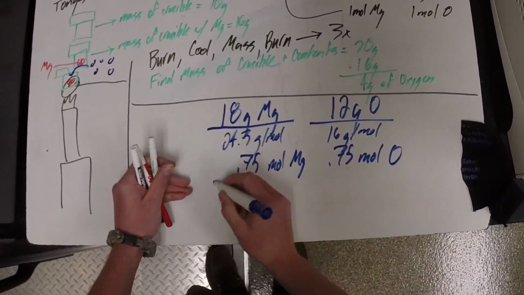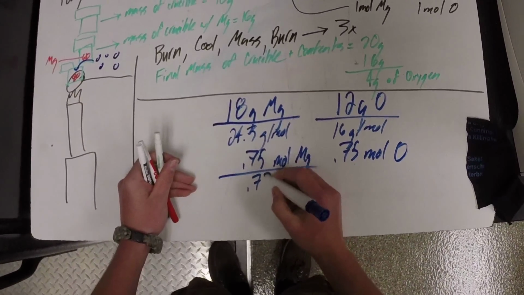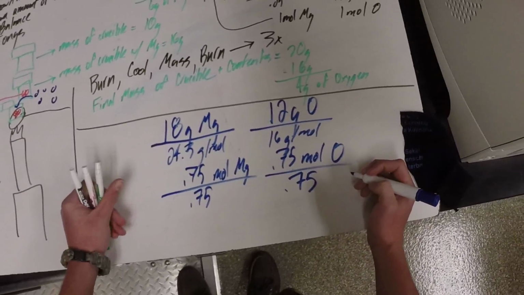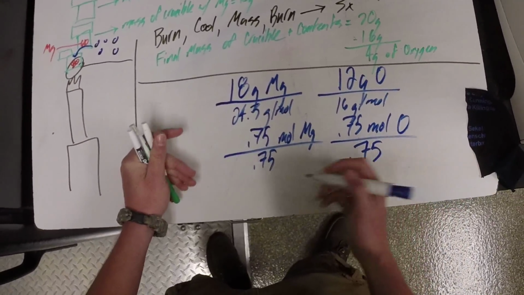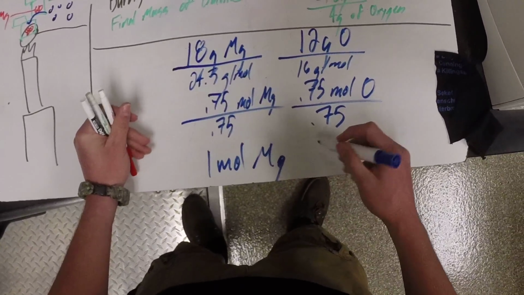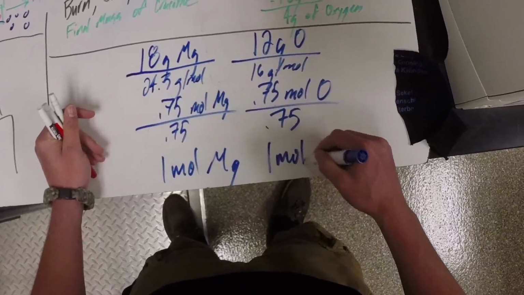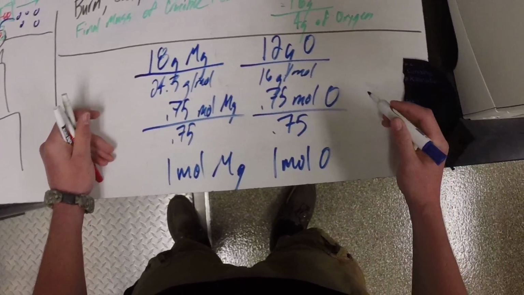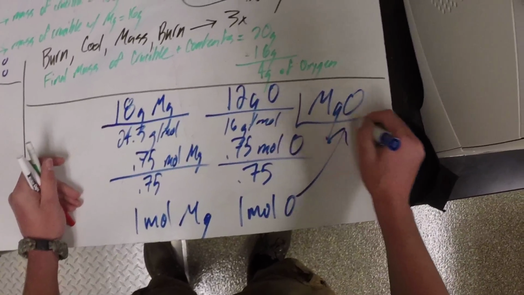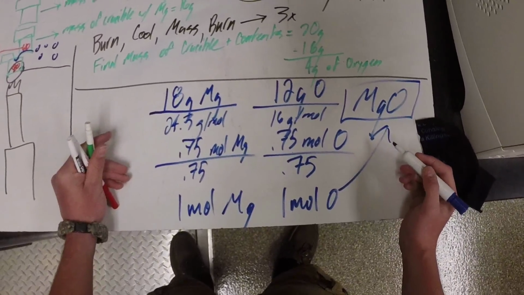And then just like before, you're going to want to divide by the smallest. In this case, again, they're the same. They're not always going to be like that, but in this case they are. And so you will get 1 mole of Mg and 1 mole of oxygen. And again, your empirical formula will be MgO because you only have 1 mole of each left over.